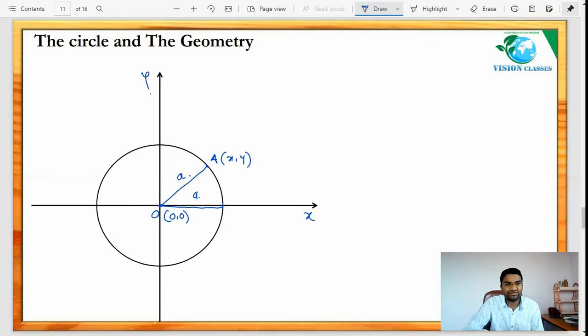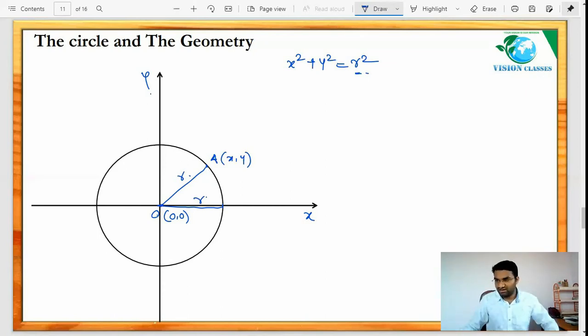So the equation of the circle might be x square plus y square is equal to r square, because r is actually the radius, or in this case we have used a. So here I am going to use r, because of the equation of a circle having center O and any point x comma y.